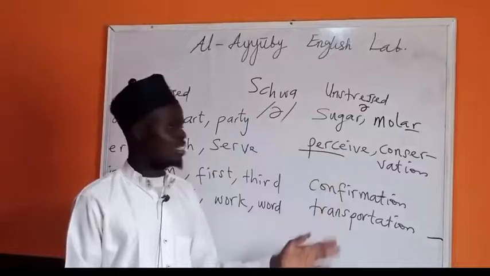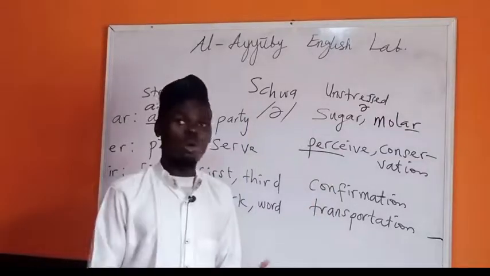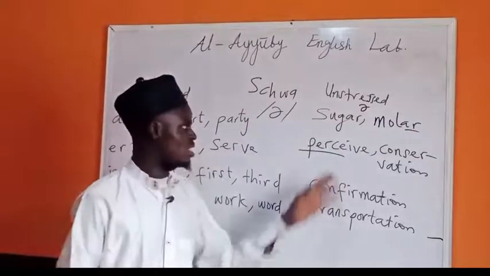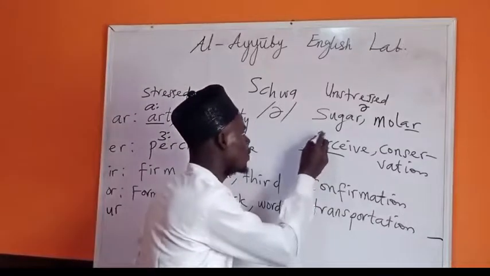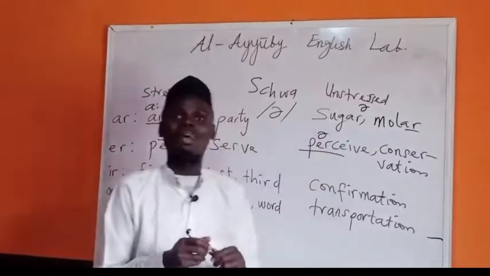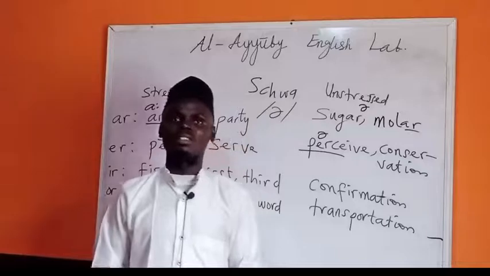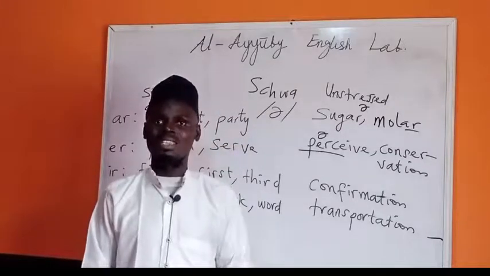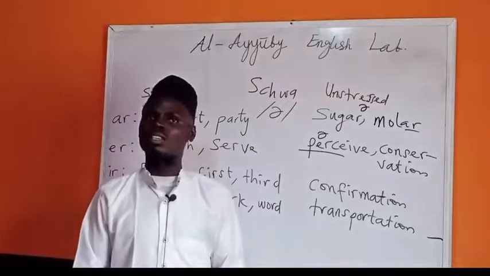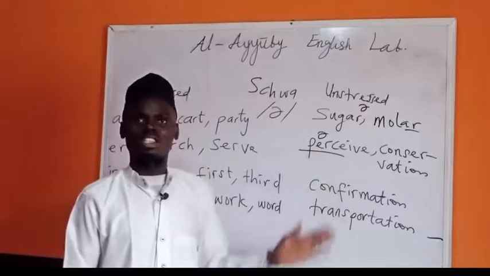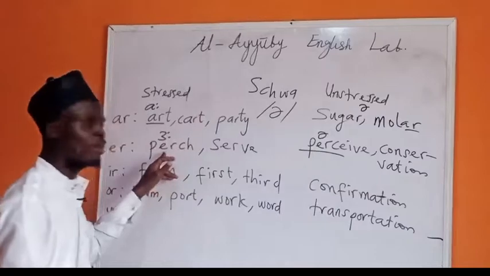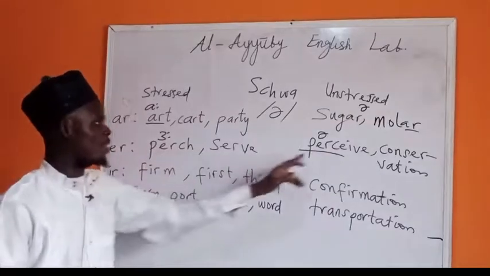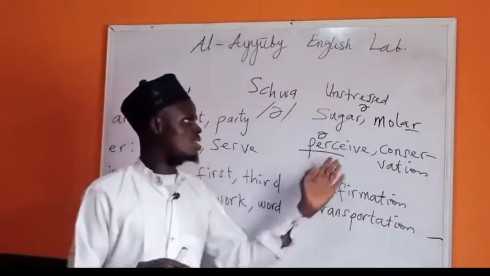The per is not stressed, so we know it is weak, and the schwa is there just to override it. The schwa will just come, and we pronounce this as per. We don't say perceive as some people do pronounce it. No, we say perceive. We pronounce the ER here as a schwa.